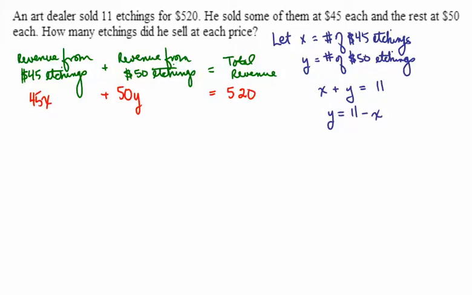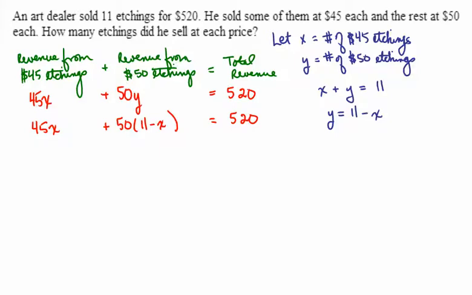Next, we're going to substitute out the y for its alternate name, 11 minus x, and we get 45x plus 50 times 11 minus x is equal to 520. Now we have one equation, one unknown, and we can solve for the unknown number and use that to solve for the other unknown number.